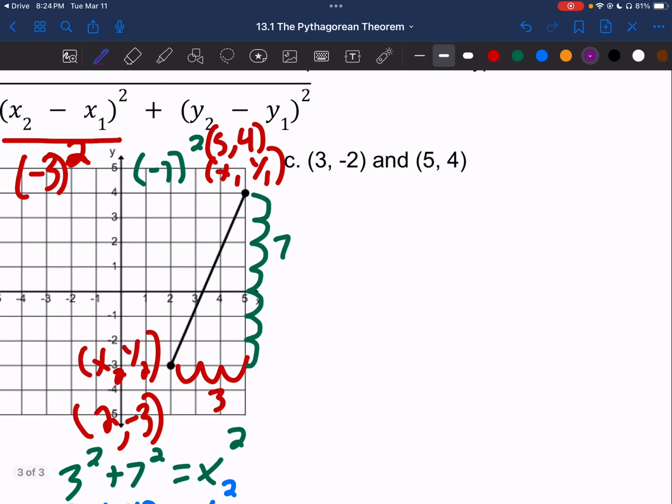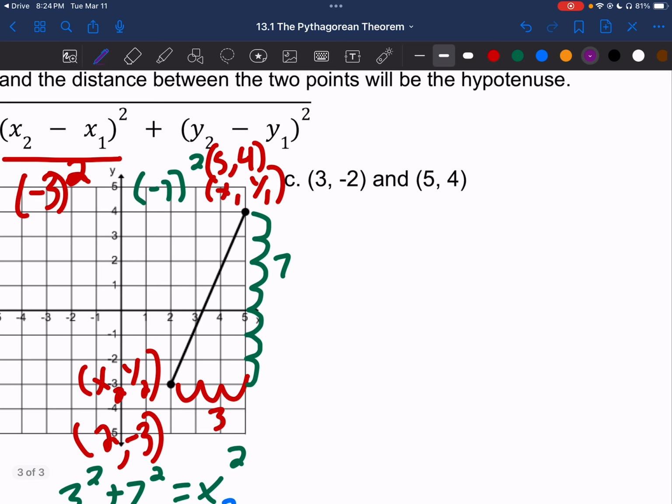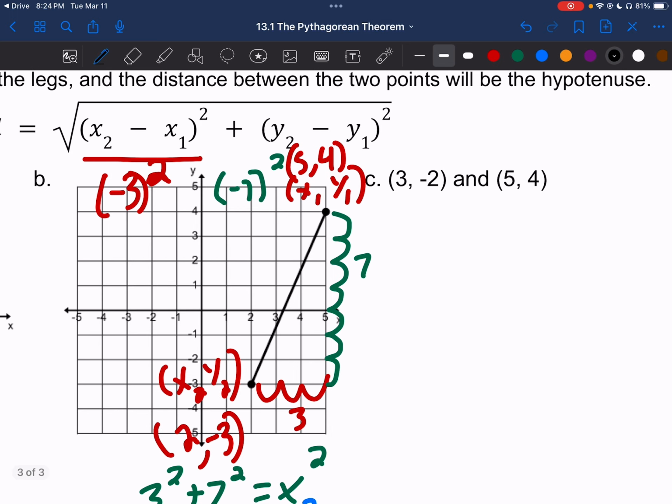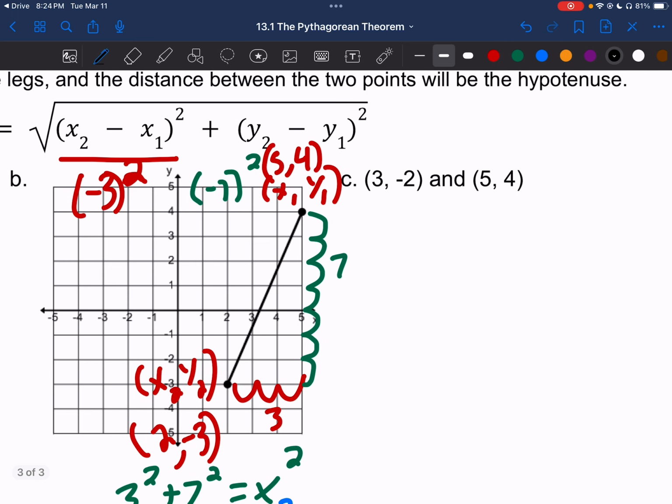All right, letter C, let's just use the formula now, the distance formula, x2 minus x1, the quantity squared, plus y2 minus y1, the quantity squared. So x1, y1, x2, y2. All right, so it's just in the order that the problem is written.